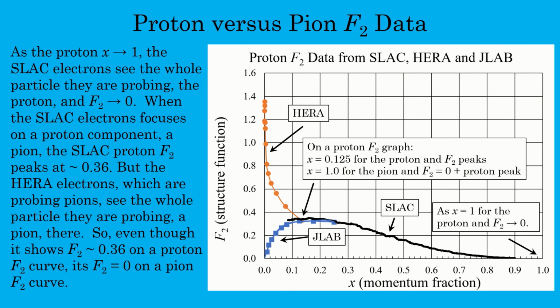The conversion of the proton F2 values to pion F2 values comes from recognizing that the F2 value of a whole particle, that is, at its x equals 1, is 0. The pion's x equals 1 is the proton's x equals 0.125. At this x, the proton's peak F2 value as a result of the pions forming it appears.